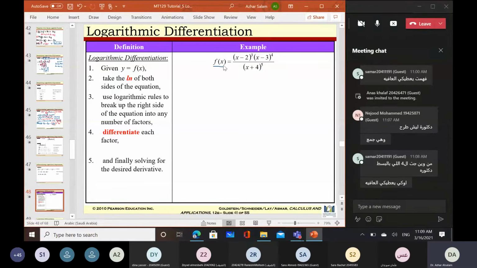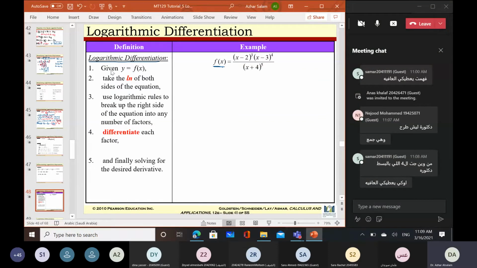This is a complicated function. Of course, I can use the quotient rule and the product rule, but it will be a little bit complicated. So to make it easier, I can use a method called logarithmic differentiation. These are the steps, and I will apply them on this example.